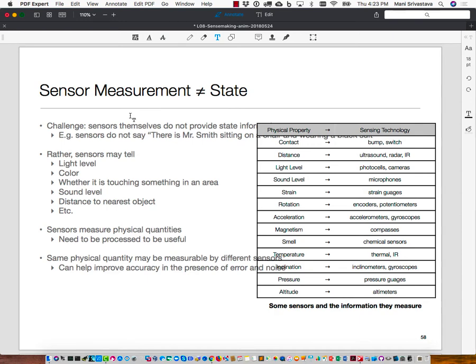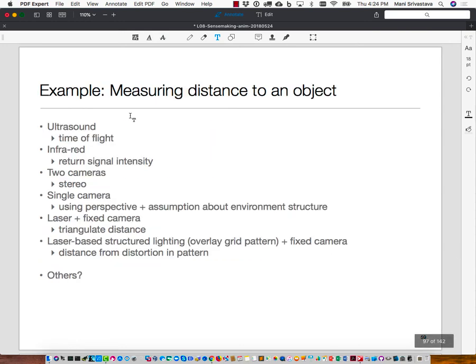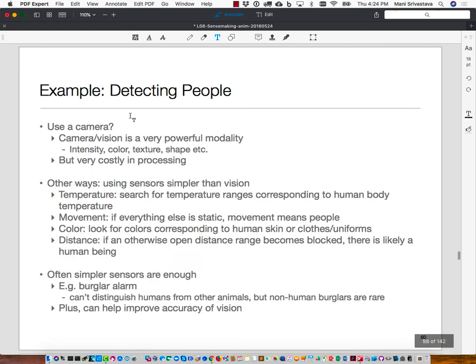So there are plenty of examples like these where sensors can serve as a proxy for a lot of different kinds of measurements or inferences that one can make. So with sensors one has to take a very broad view of things. I talked about measuring distance to an object, so there's a whole bunch of things, and then you get some other stuff that radars and all that one can use.